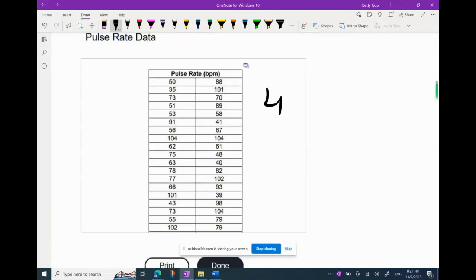So let's go to stat, edit. I have something in L1, so I'm going to clear it and clean everything. Okay, so 50. I'm going to be quiet for a while. Everybody do the same: enter those values in your calculator.